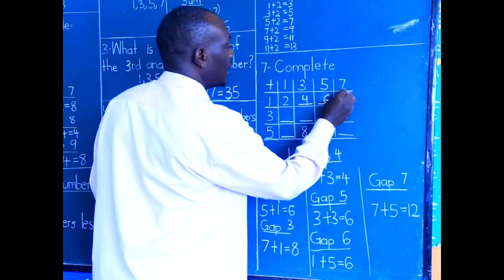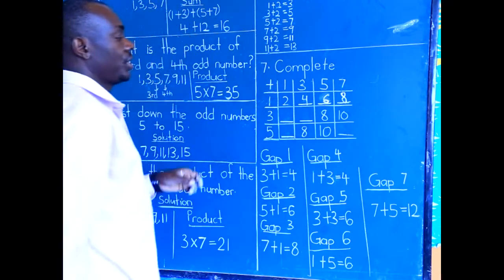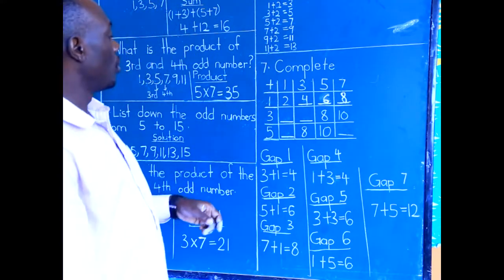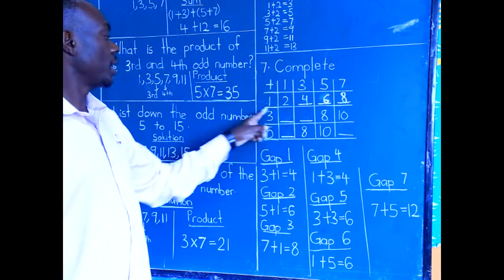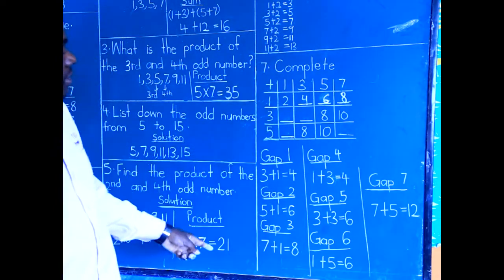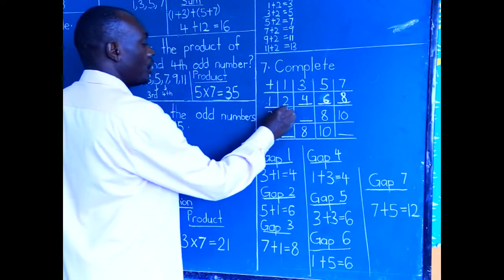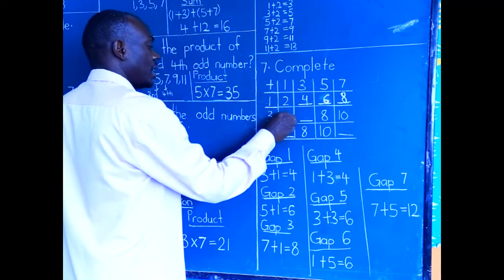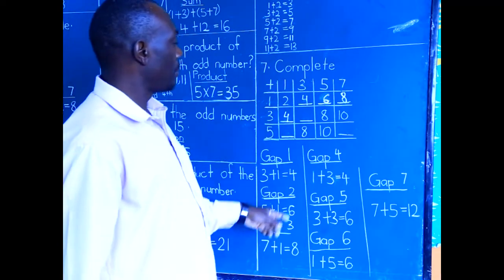You get an 8, and fill it in there. Then we go to gap number 4 to be a 1 plus 3. That's gap number 4, 1 plus 3. You get our 4 and then fill it in here. That is our 4.